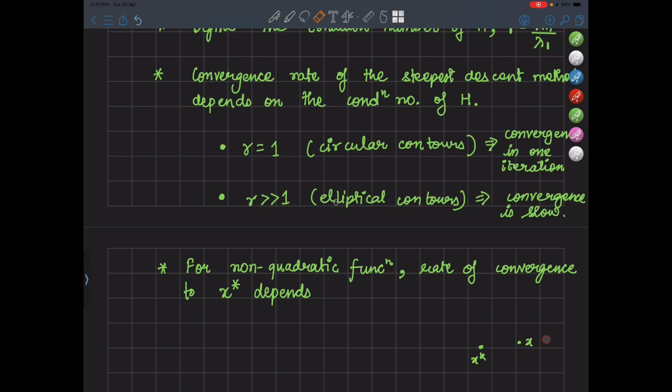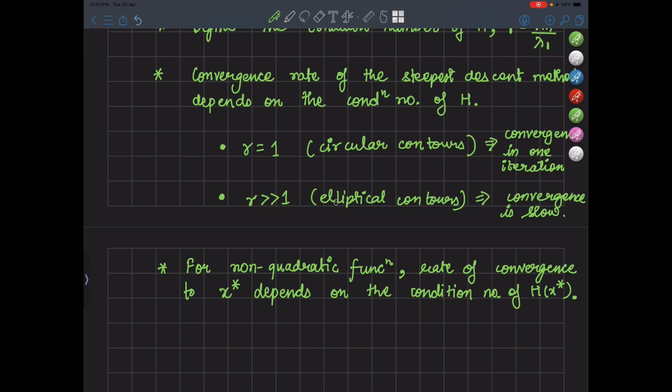All right. So all the analysis that we did was for the quadratic case, and we said that it depends upon the condition number of H, because H was constant throughout. But for a non-quadratic function, it may not be constant. So for this, the rate of convergence to x star depends on the condition number of H at x star, basically the Hessian at the optimal point.